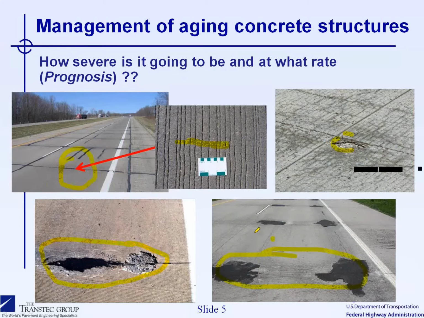Those spalls are so critical that they need to be patched, as you can see here, and at some point the pavement will probably need to be overlaid, or something very important will need to be done with it, like a replacement or some other action.